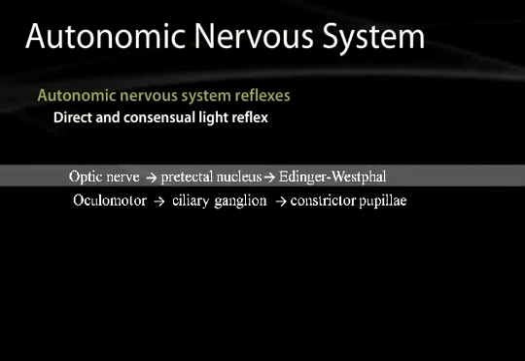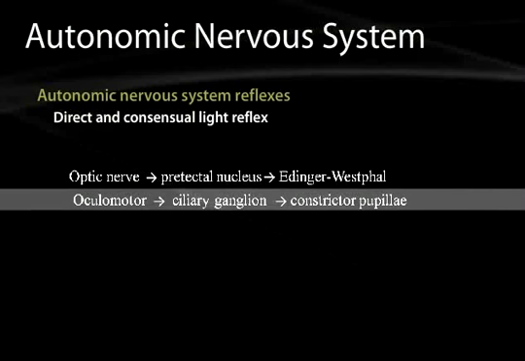Output from Edinger-Westphal will travel along with the oculomotor nerve, and then the information will travel to the ciliary ganglion, where a synapse will occur, and the output will constrict the pupil there. I may have misspoken previously about the dilation of the eye. I was thinking of constriction. The parasympathetic system will constrict the pupil, and loss of parasympathetic output will actually dilate the pupil.